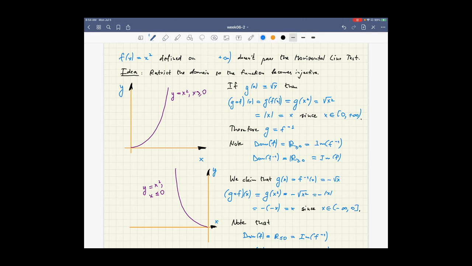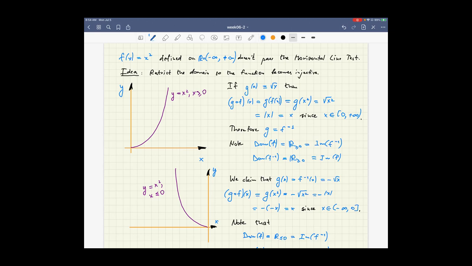That was meant to be negative infinity, infinity. When x squared is defined on the entire real line, it's not injective, and therefore it doesn't have an inverse function.